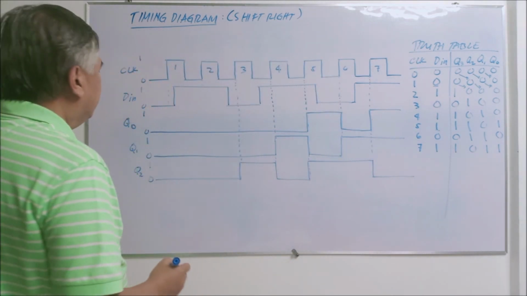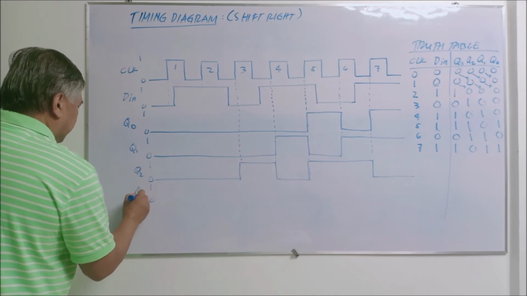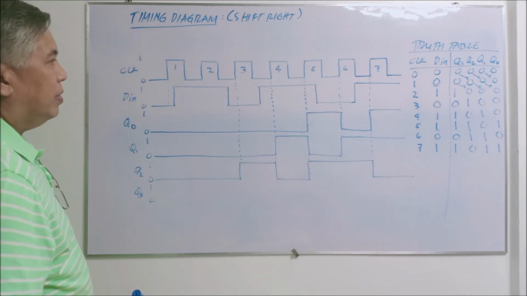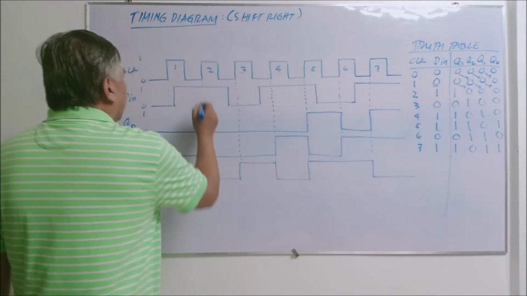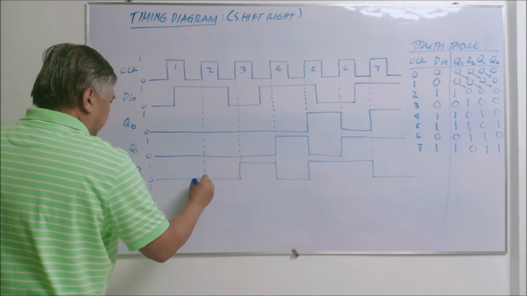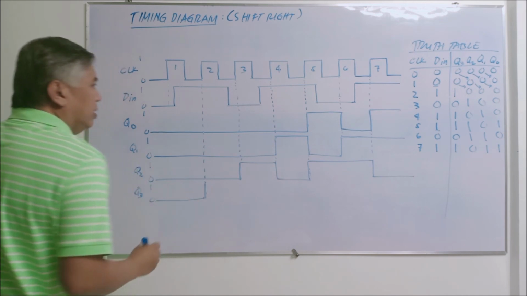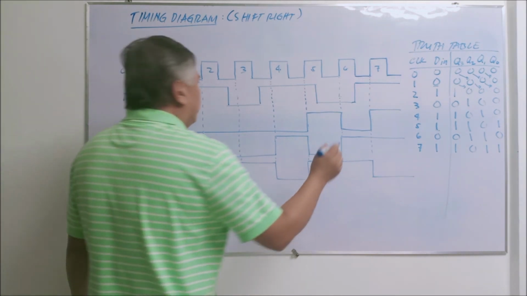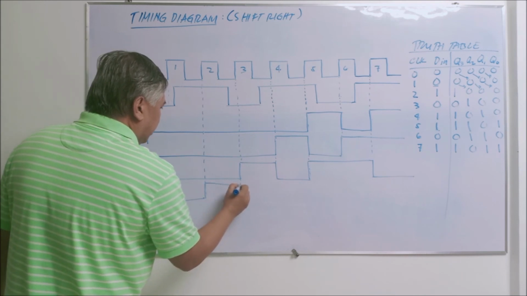Okay? And the last one, your Q sub 3. It becomes 1 on the 2nd positive triggering of the clock. So this is your 2nd here. So from 0, it becomes 1. And then, it becomes 0 on the 3rd. That is in this area.